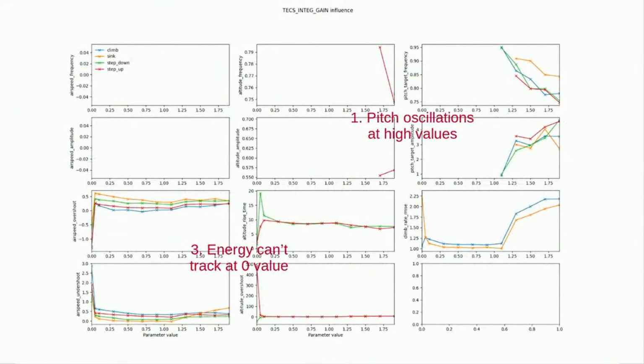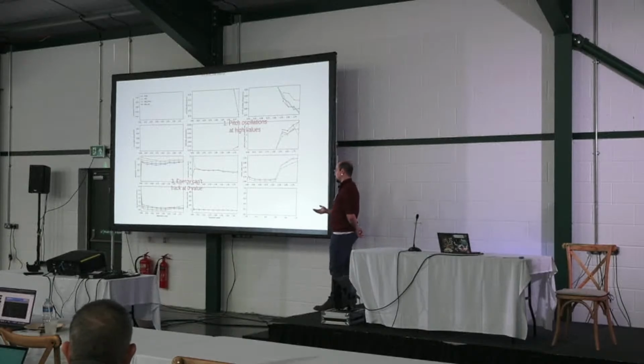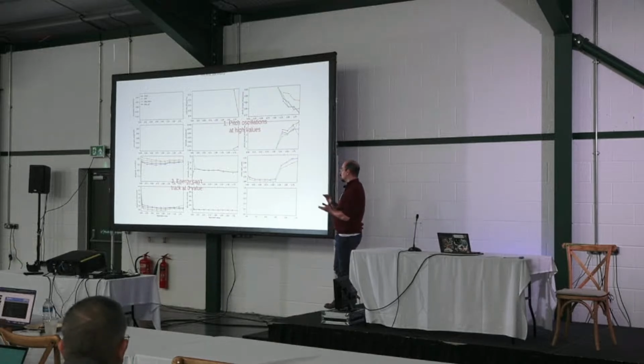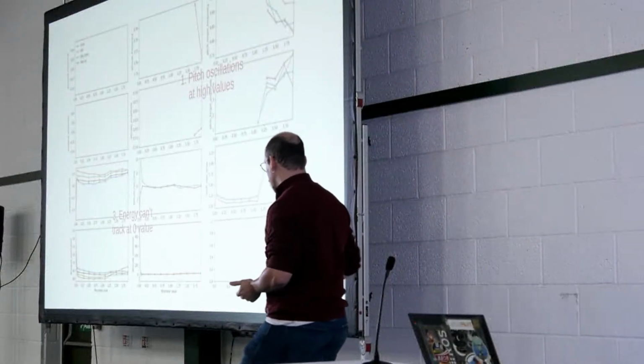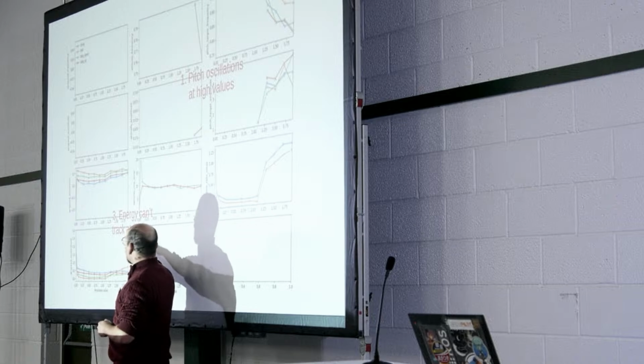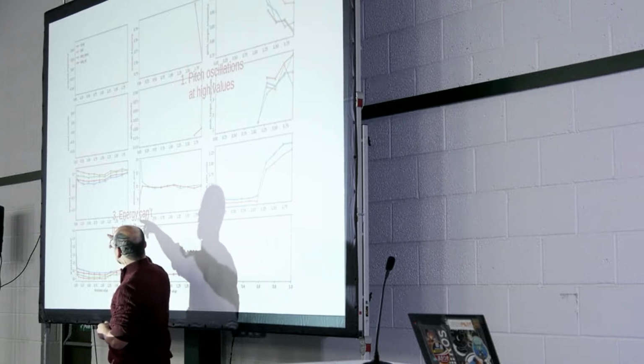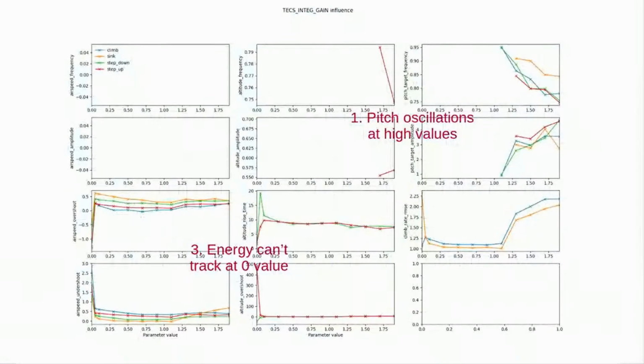The story here is that this needs to be a non-zero value. If you set this value to 0, there is no more mechanism to close down the airspeed errors and the altitude errors. And you see here that there is 500 meters worth of altitude error, and the airspeed undershoot is 10 meters per second. It's really not good control.